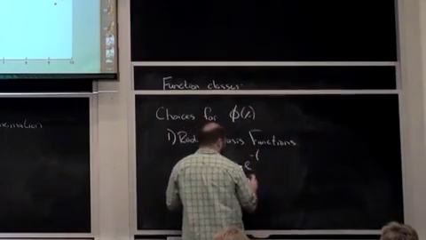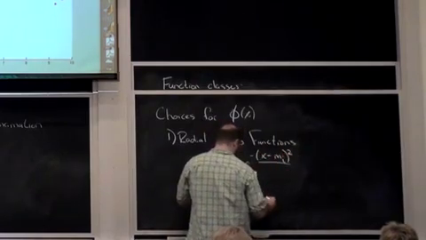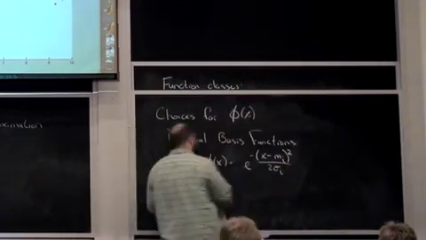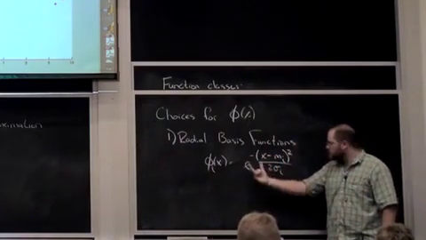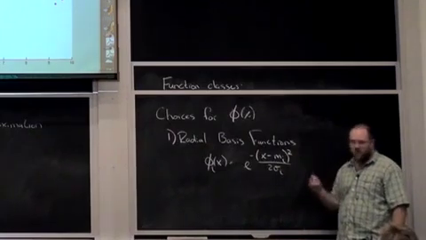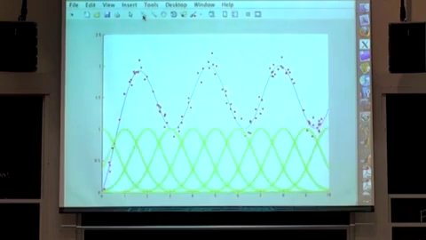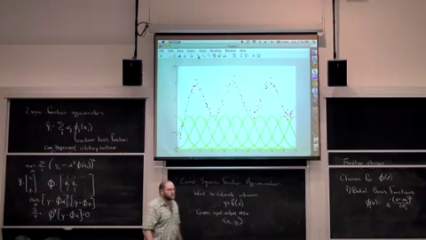The normalization doesn't matter. (x minus mi) squared over sigma i, where each is just a collection of Gaussians where the means are different for every basis function. Okay, the variances could be different too. It doesn't matter. So that might look like this. If I made 10 different basis functions for this problem, and I centered them evenly across the space that I sampled for, then that would look like a reasonable basis set for function approximation.